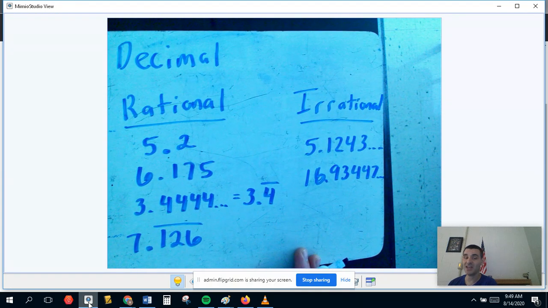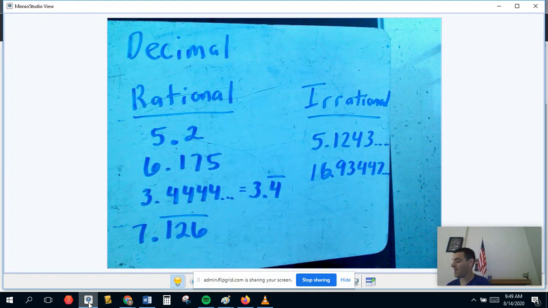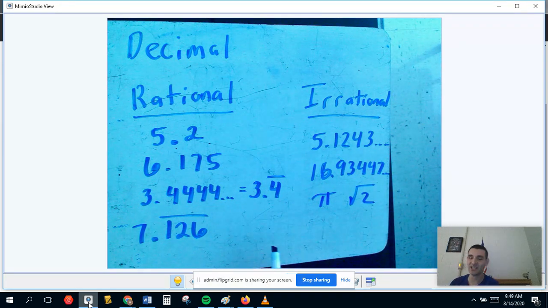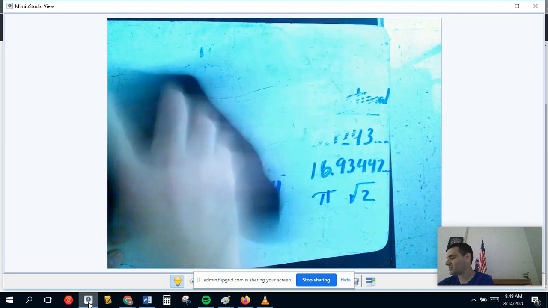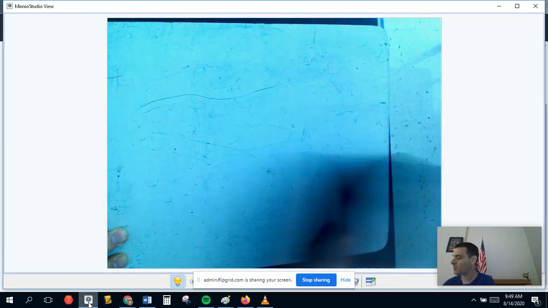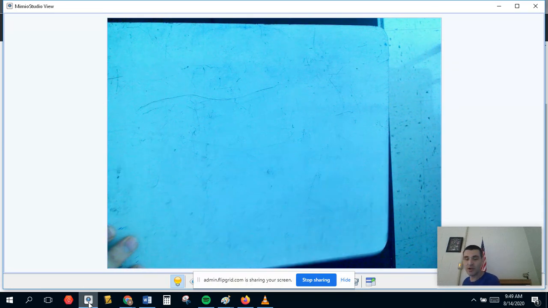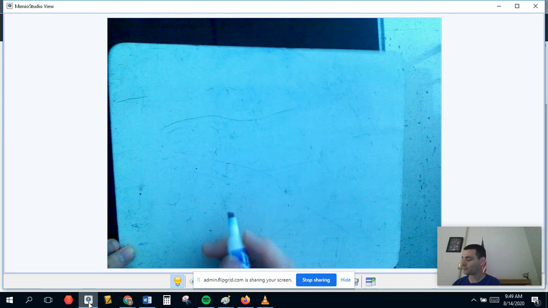And again, in non-decimal form, if it has a pi or a square root, as long as you can't take that square root, then it's irrational. If it doesn't have either, it's probably rational. The standard asks, what happens when I add and multiply, say, two rationals, two irrationals, or whatever?